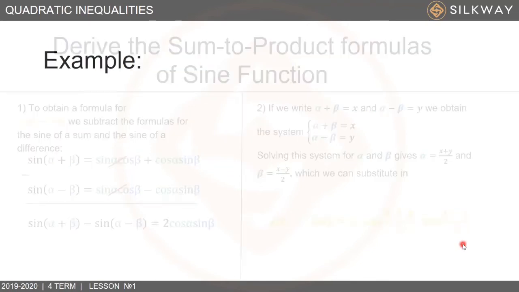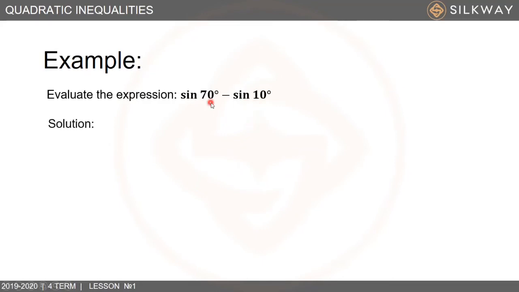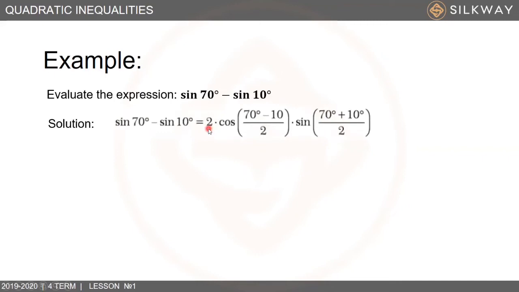And one example for this formula, sine 70 degrees minus sine 10 degrees. Instead of x, we have 70 degrees. Instead of y, we have 10 degrees. And we use our formula, and we will have 2 multiplied by cosine 70 plus 10 divided by 2, and sine 70 minus 10 divided by 2.